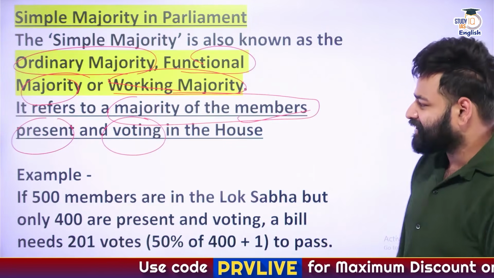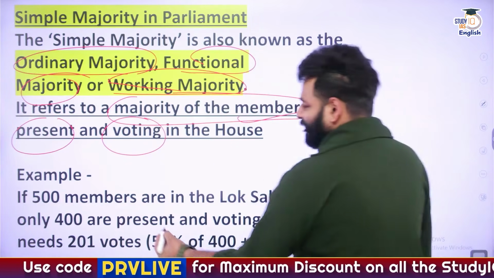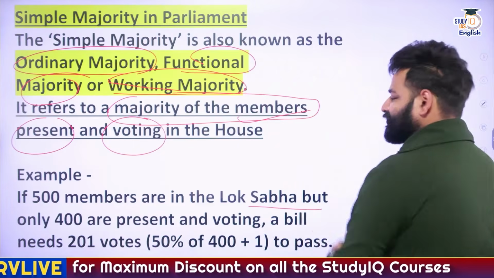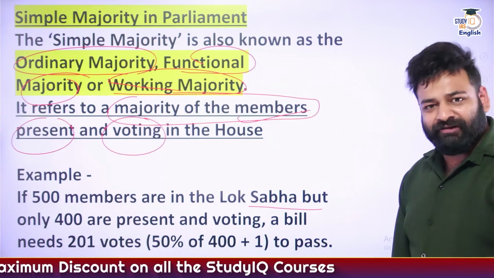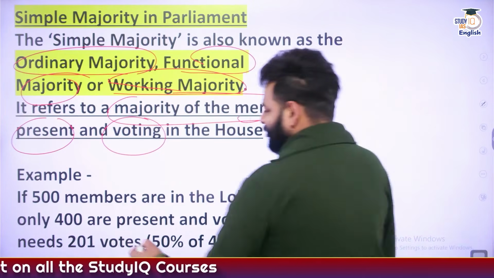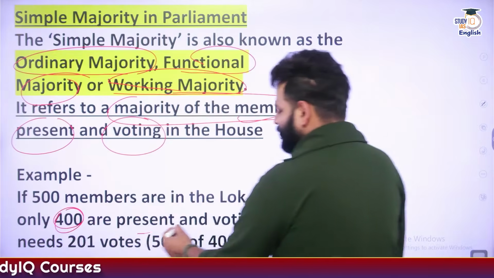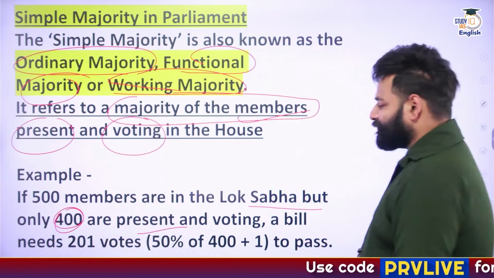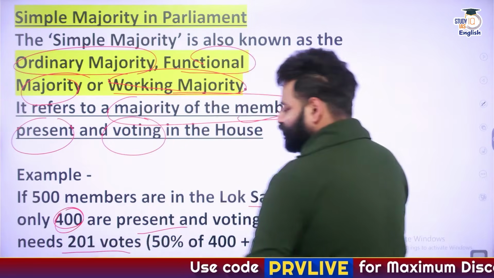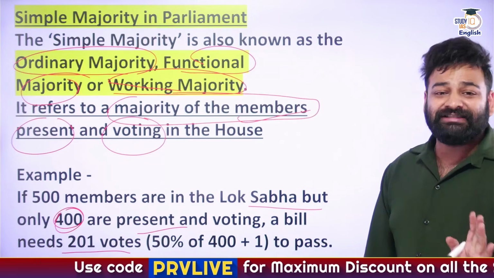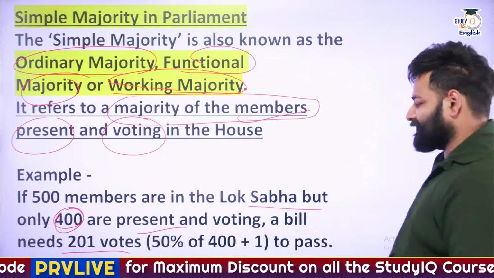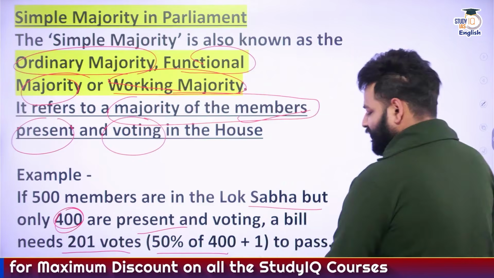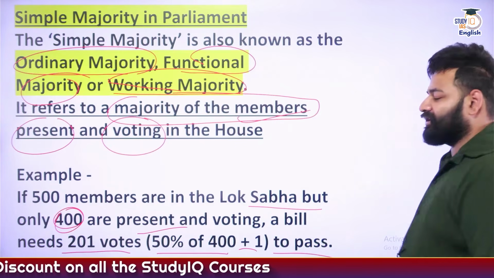For example, if there are 500 members in the Lok Sabha, but on the date of voting only 400 are present and voting, a bill needs 200 plus 1, that is 201 votes.